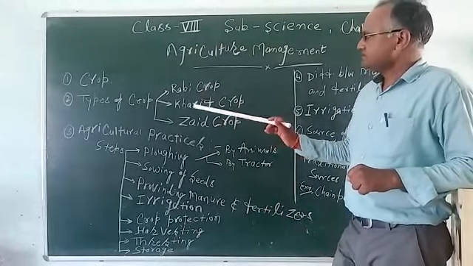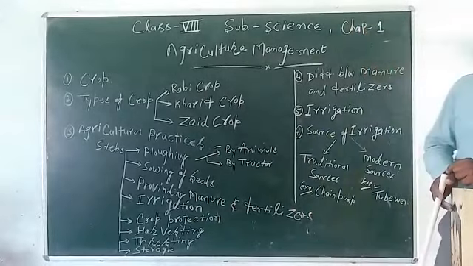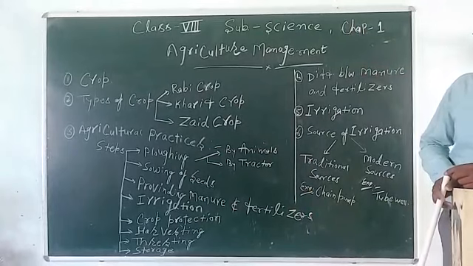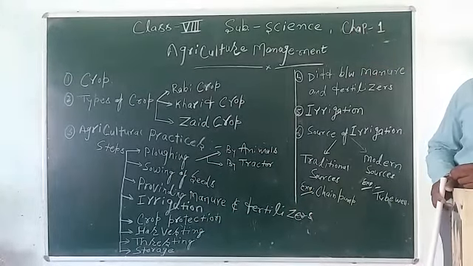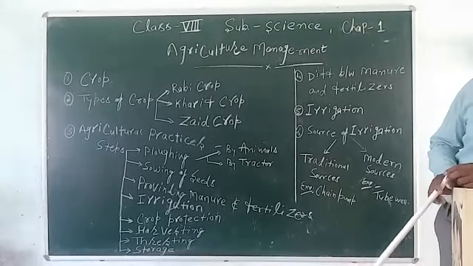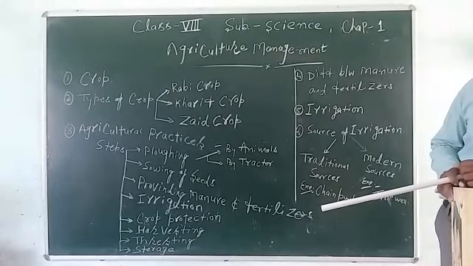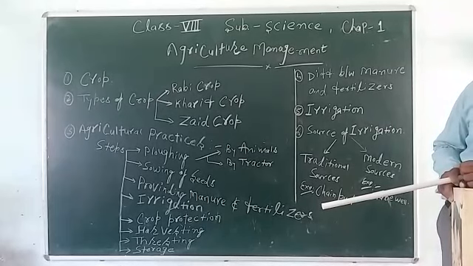Okay, so depending on the season, crops are divided into three categories. First is Rabi, then Kharif, and the Zaid crop. Rabi crops are grown between October and February. Examples: wheat and mustard. Kharif crops are grown between June and September. Examples: maize, groundnut, like that.